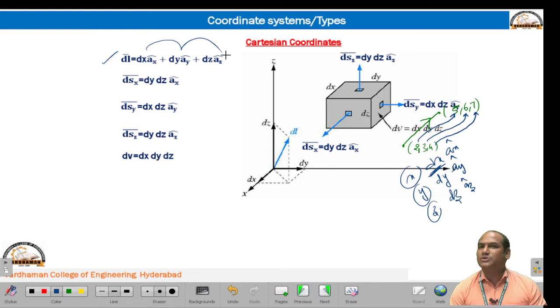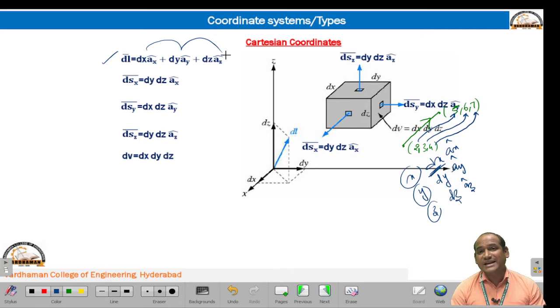In that process the surface area vectors are also generated. Surface has one interesting point. In the case of lengths, if you move along the x direction, the differential length vector you have created is dx ax cap. If you observe, in whichever direction you are moving, the distance vector also has the same direction.